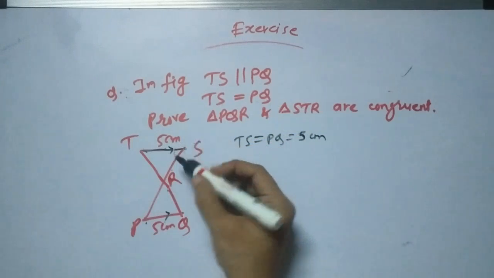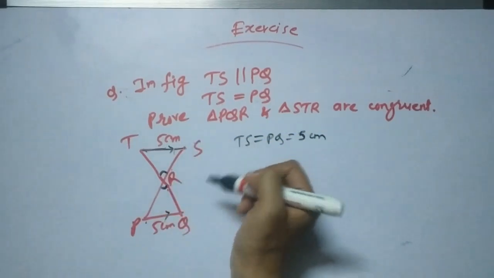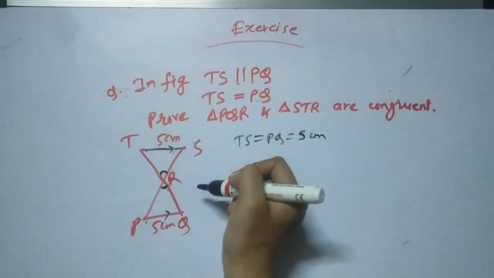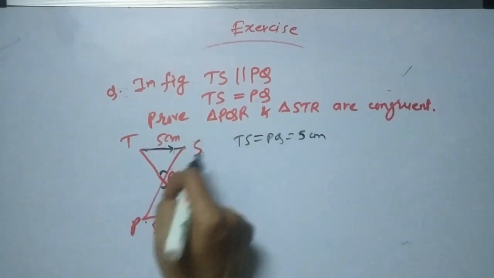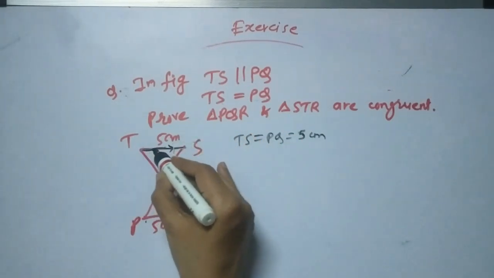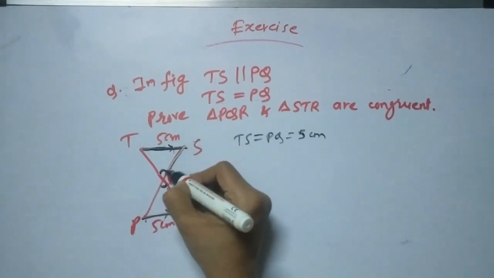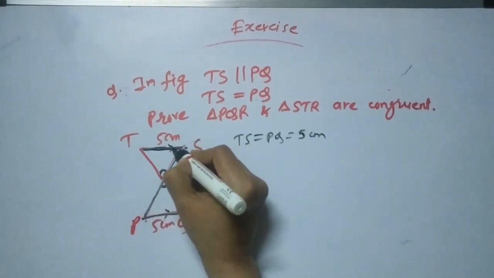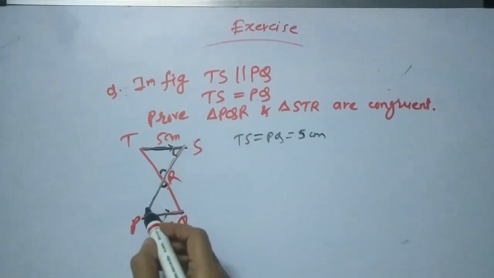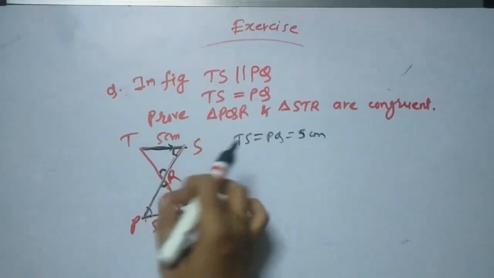For the congruency we have to get the congruent parts. Here only one side is given, and if you notice, this angle is equal to this angle. Why? Because of vertically opposite angles: when two lines intersect each other, the vertically opposite angles are equal. And these two are parallel lines, and this is a transversal, so this angle is equal to this angle, because alternate angles are equal.